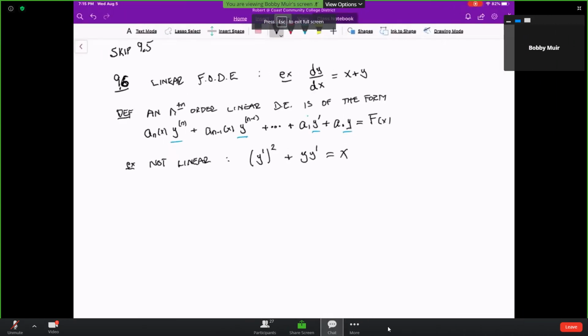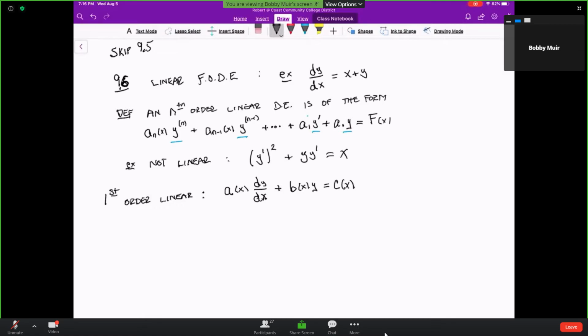Okay, so a general first order linear equation would be a of x times dy dx plus b of x times y equals c of x.